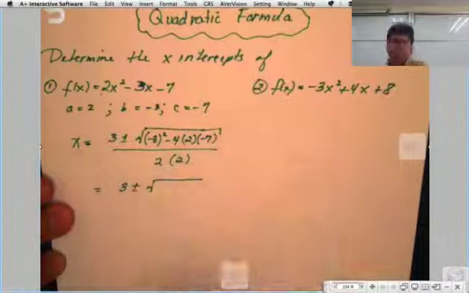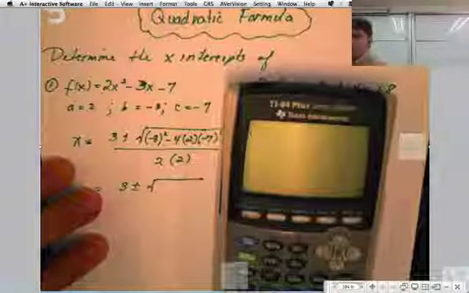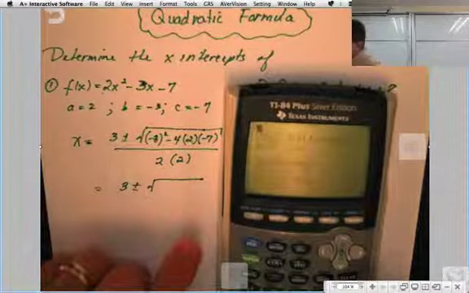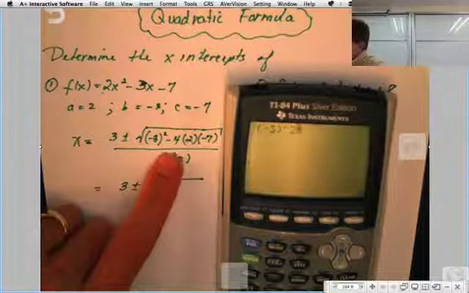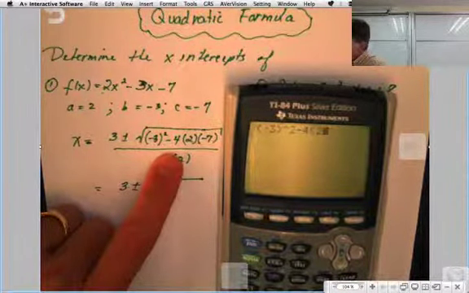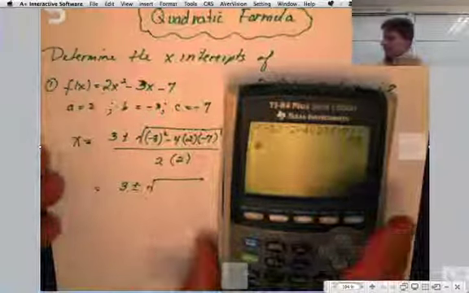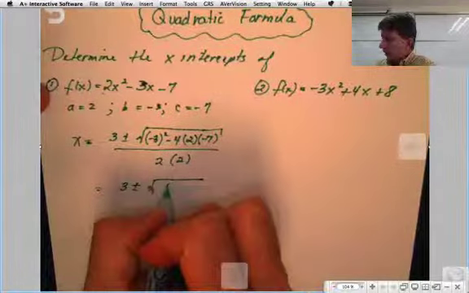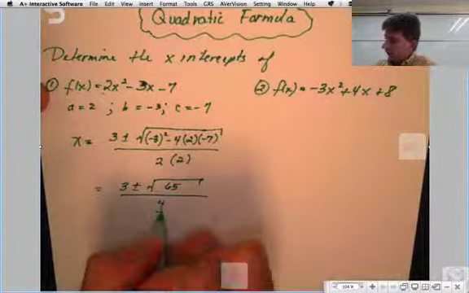Now this is where we can use our calculator, right? So we've got negative 3 squared minus 4 times a times c. That gives me 65. So this is 3 plus or minus the square root of 65 all over 4.